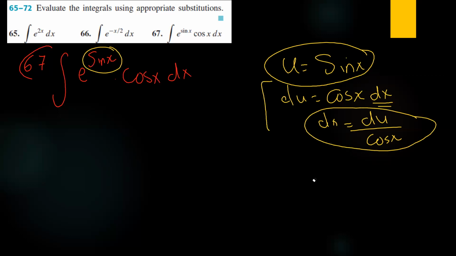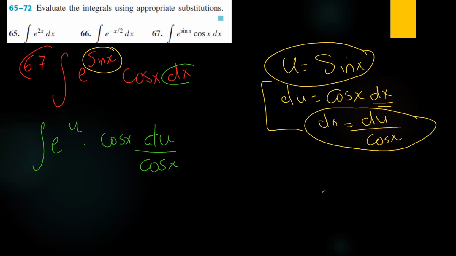If I have these two things, I am ready to integrate. Integration of, now sine x, I have to write it with u, times cosine x, but dx you have to evaluate with du over cosine x.